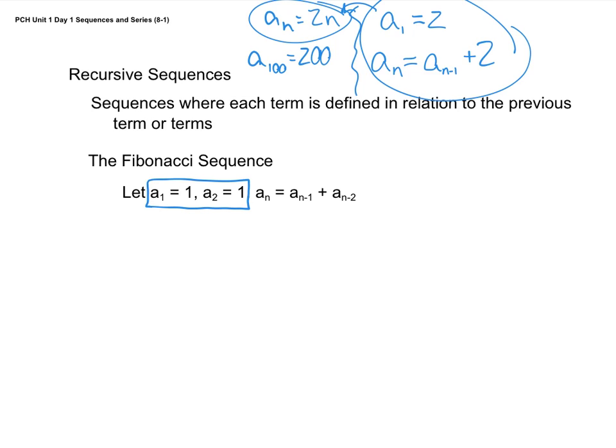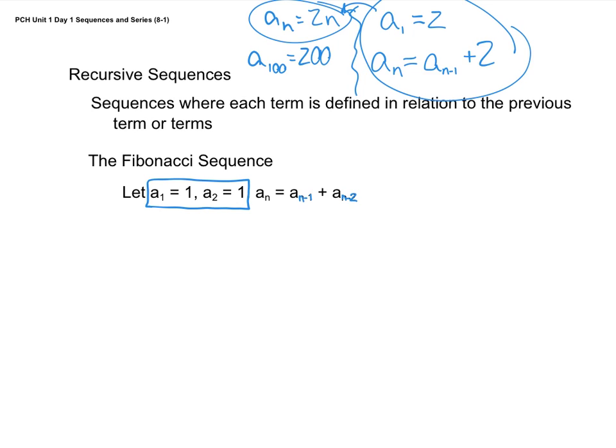Okay? And the reason that they tell us both of those is because the definition here is dependent on not just the previous one, but the previous two. Okay? So a sub n minus 1, that's the previous term. A sub n minus 2 is the term before that one.